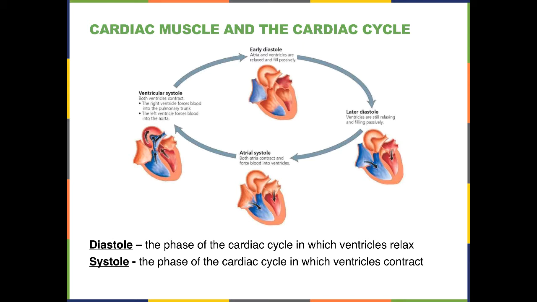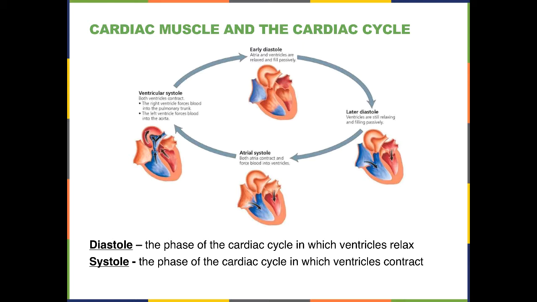So if we start at early diastole, everything is relaxing. And the heart, essentially during this time, fills by passive filling from the pulmonary side and from the systemic side. And there's continued relaxing in the later diastole that allows the continued filling of both ventricles.